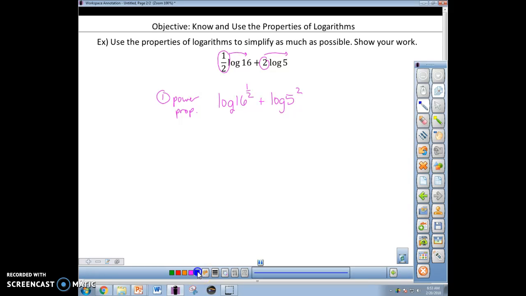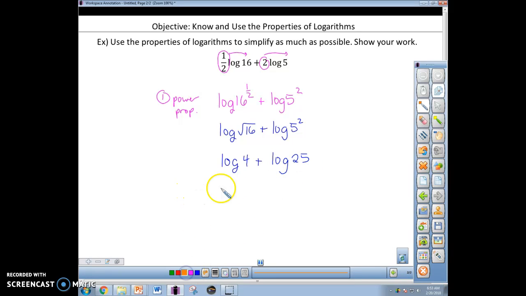Then we would look at simplifying each of these. Log of 16 to the 1/2 power becomes the log of the square root of 16, plus the log of 5 to the power of 2, which is 5 squared. The square root of 16 gives us 4, so this becomes the log of 4 plus the log of 25.